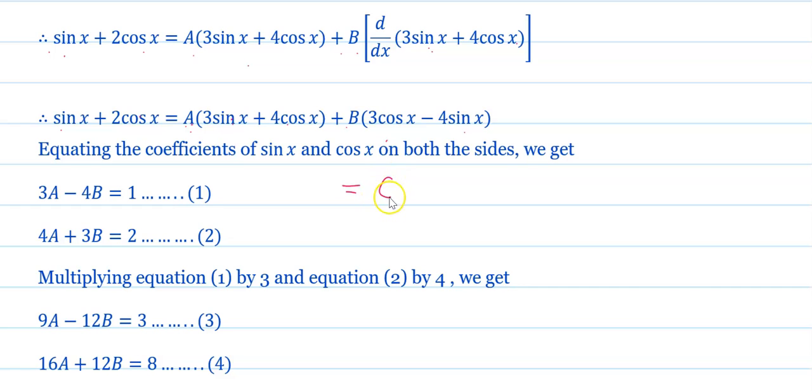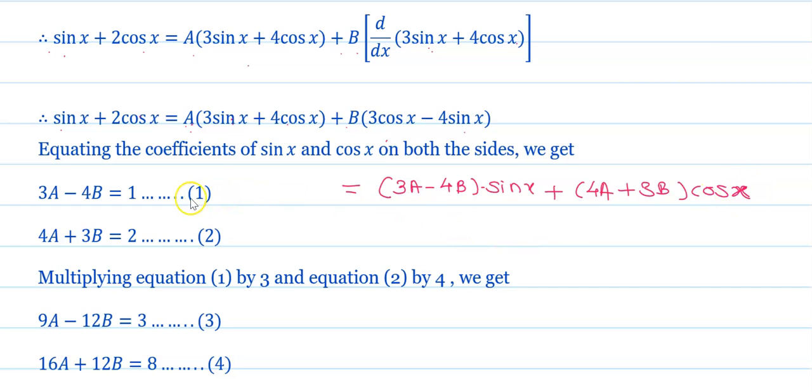If I take sin x as common, then you will get bracket 3a minus 4b bracket complete into sin x. And what about the cos x? 4a cos x plus 3b cos x, bracket 4a plus 3b bracket complete into cos x.